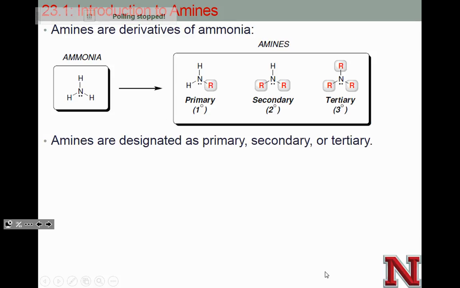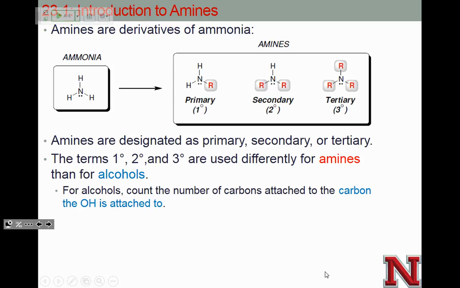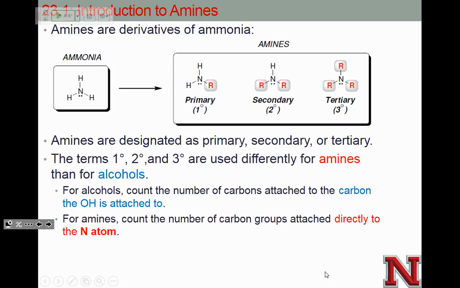So amines are derived from ammonia, NH3, and we call them primary, secondary, and tertiary based on how many R groups are directly attached to the nitrogen, which we've talked about before. There is a fourth distinction when an amine has 4 R groups.